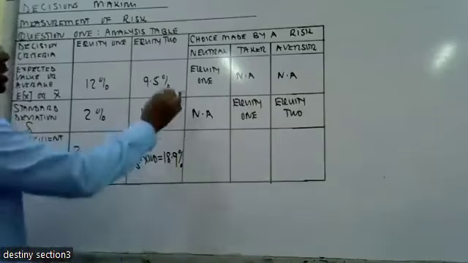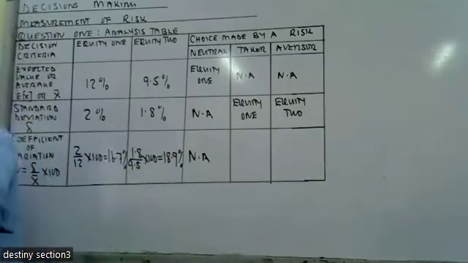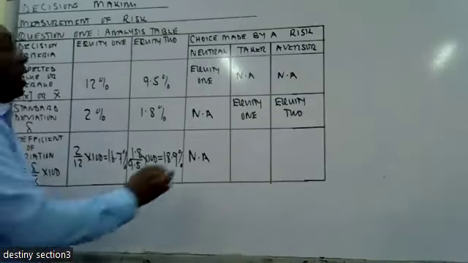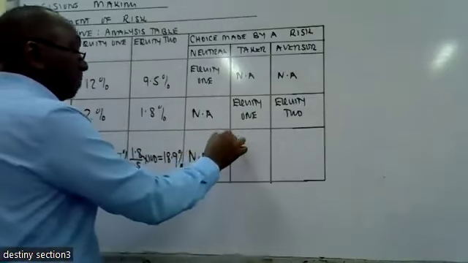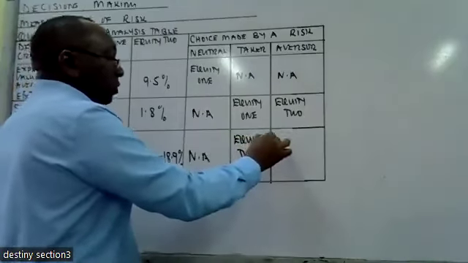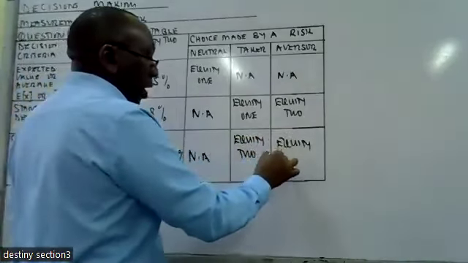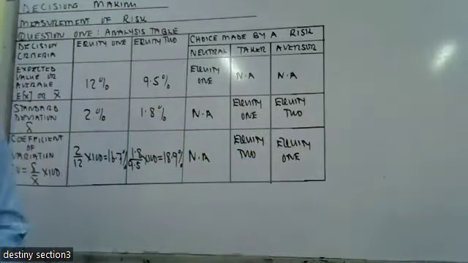Now, the risk neutral investor does not use that. But this one he uses and he goes for the higher, so he will take equity 2. And this other one will take equity 1. So that is how you compute those items.